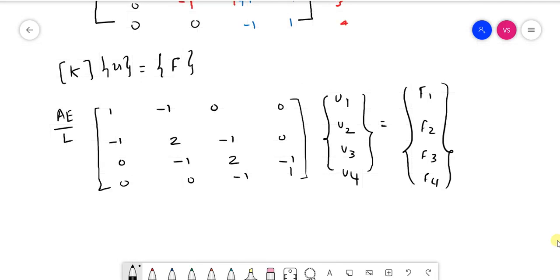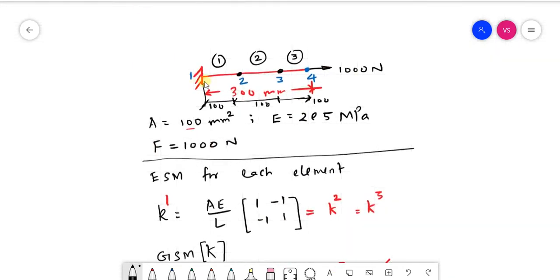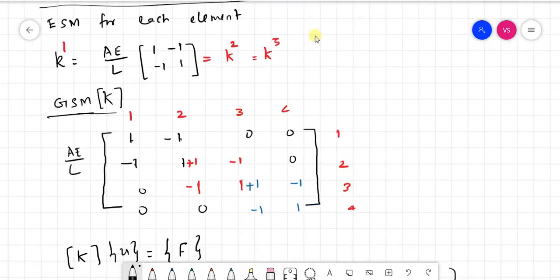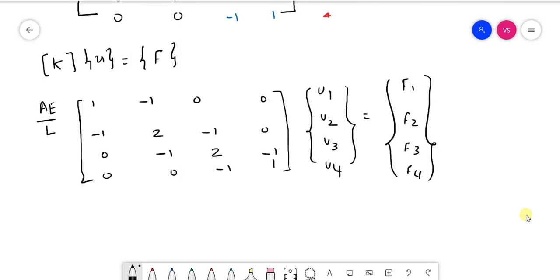Now we have to apply the boundary conditions. The boundary condition is that node 1 of the bar is fixed. So we have to go to the first row and first column and remove them.